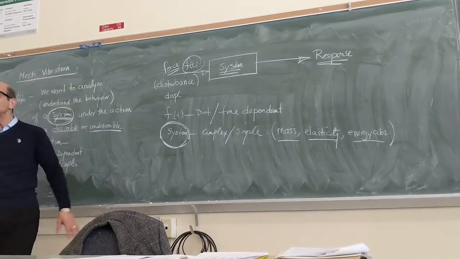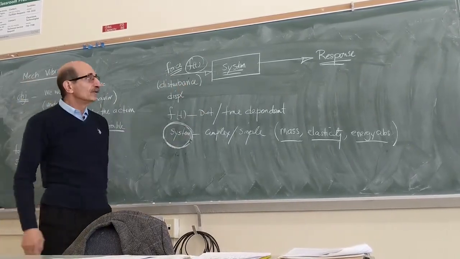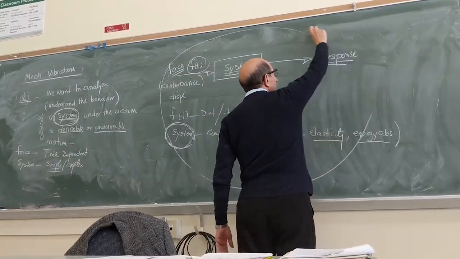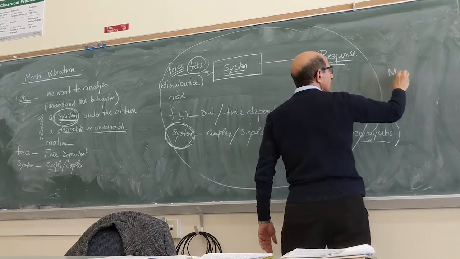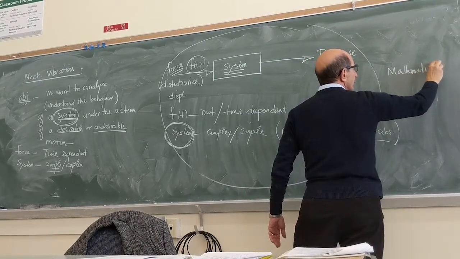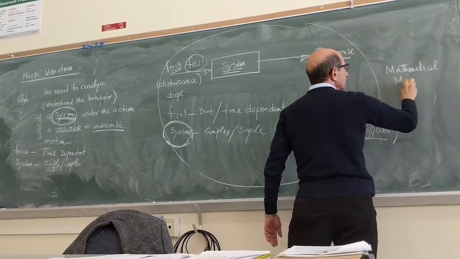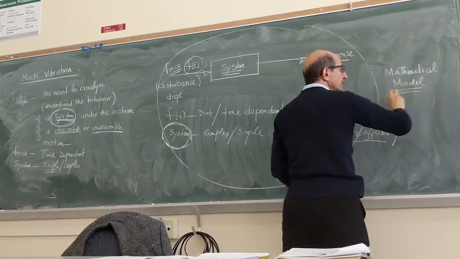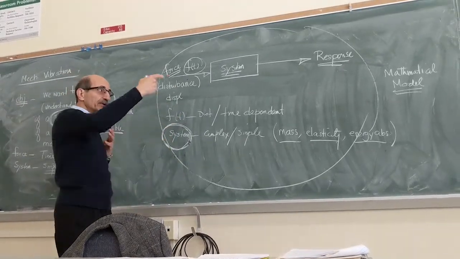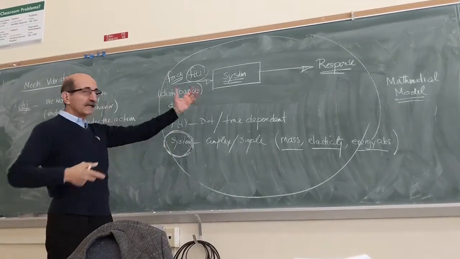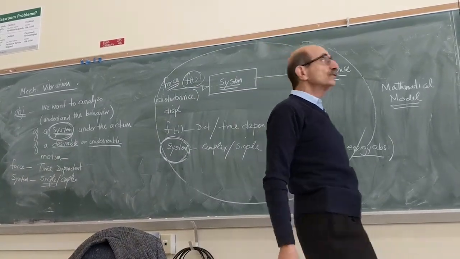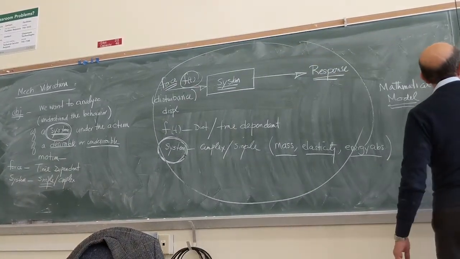In order to do that, you need to come up with a mathematical model that represents this. In order to do that, which is basically bridging the gap between the real world and the mathematical world, we need to do some idealization.